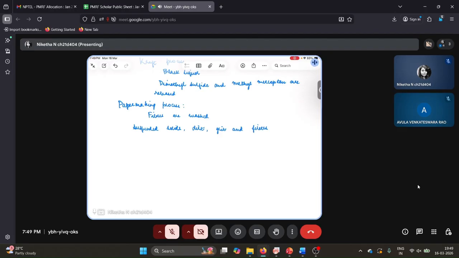If there are nutrients like phosphorus, nitrogen, and potassium, that will help in the overgrowth of plants, which is called eutrophication.